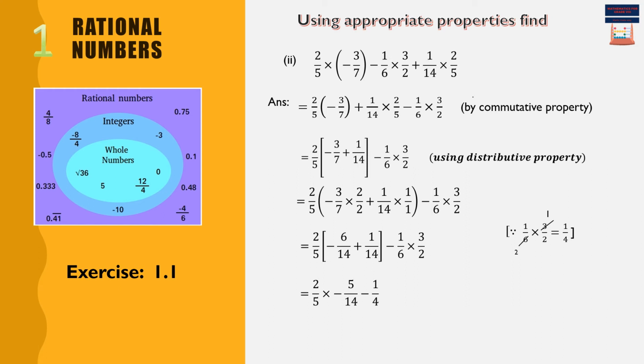So we get here -5/14, and -1/4 by simplifying -1/6 × 3/2. So by simplifying further, we get -1/7 - 1/4.